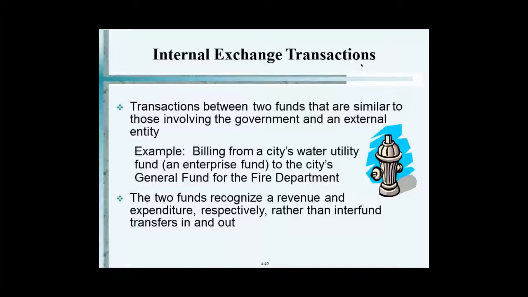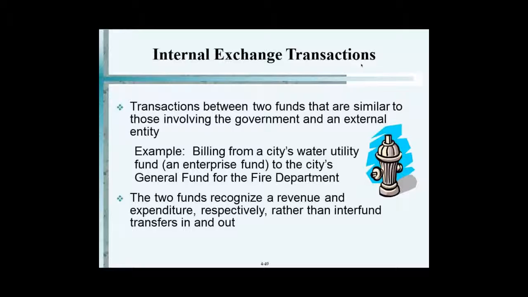And this is what you see here. Not an interfund transfer in and out. What's an interfund transfer? You say, what does that mean? Well, sometimes, for instance, you have debt outstanding and you need to pay the debt off through the debt service fund. Where's the debt service fund going to get the money from? The general fund. How does the general fund do it?